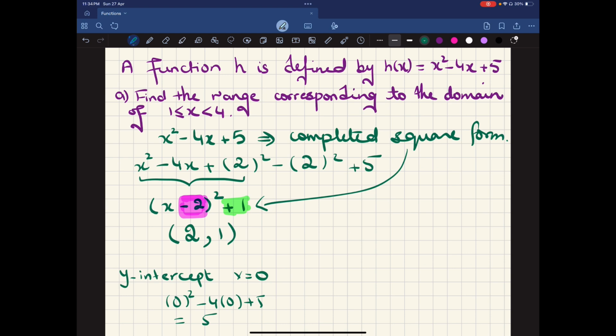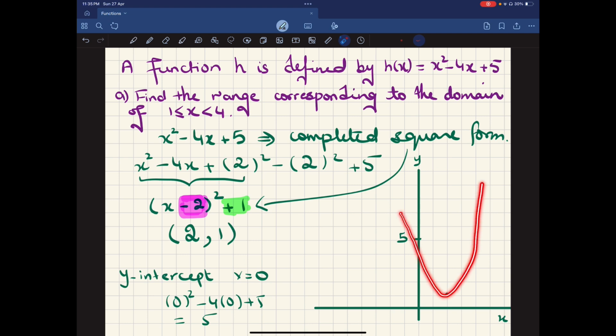Let's sketch the graph very quickly. This is the y-axis, this is the x-axis. (2, 1) is the turning point. 5 is the y-intercept. And we know that our graph is going to be something like this.